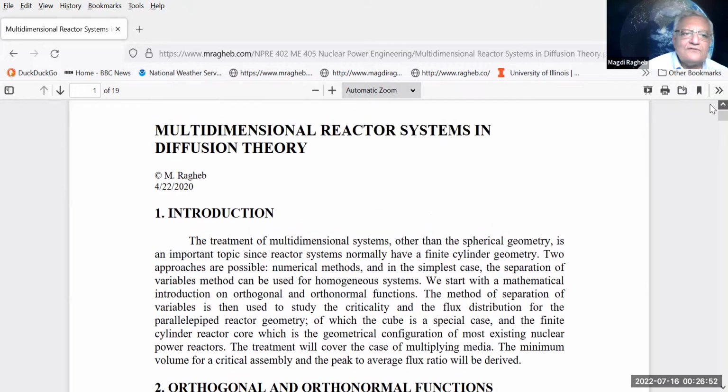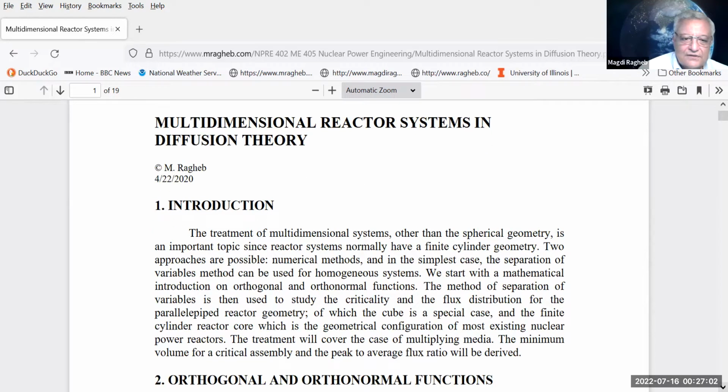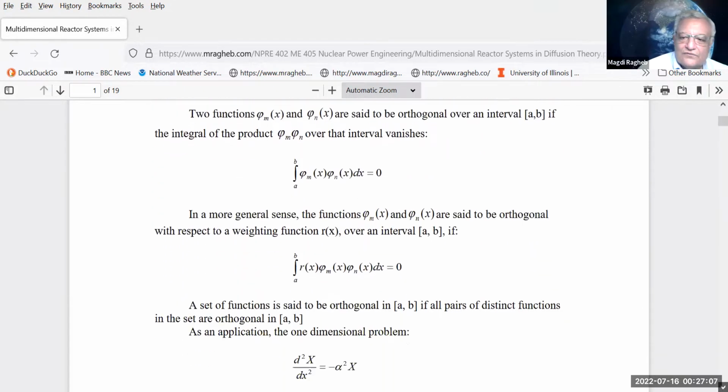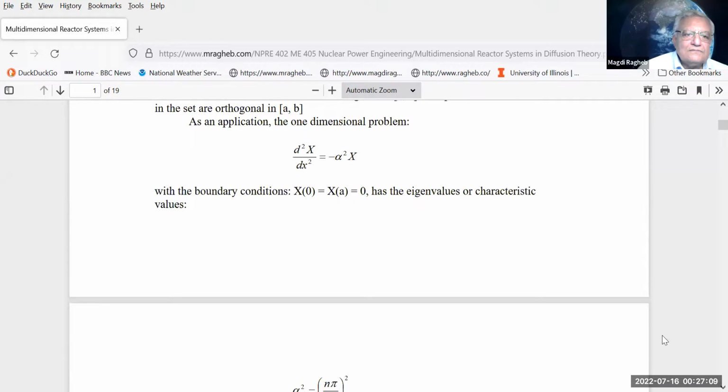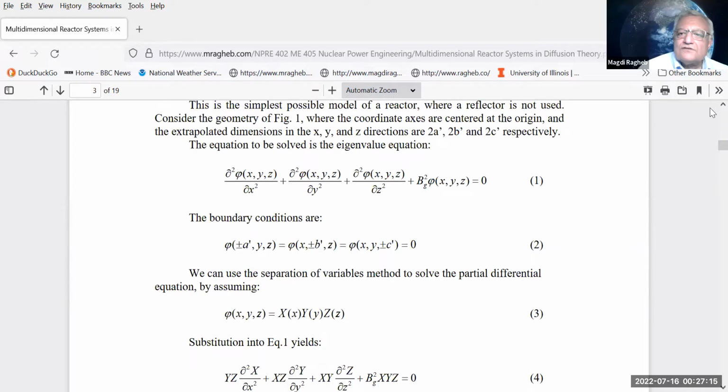In the case of a parallelepiped or a cube, or in the case of a cylinder like the cylindrical reactor, you'll find that we are dealing now with a system that is three-dimensional in its shape.